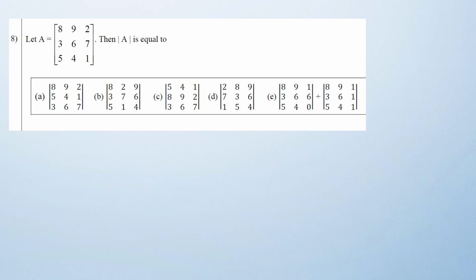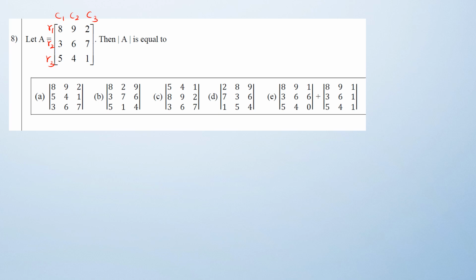Question number 8. We have a 3 by 3 matrix capital A. We have to build up a relationship between these given determinants and the determinant of the given matrix. Let's focus on the choices from A to D. For the matrix capital A, let's say this one as row 1, row 2, row 3, column 1, column 2 and third column.